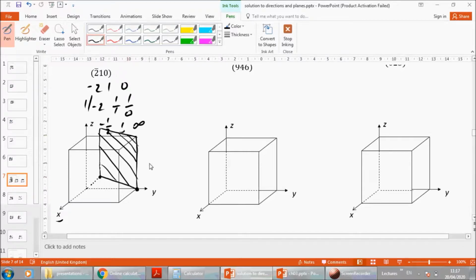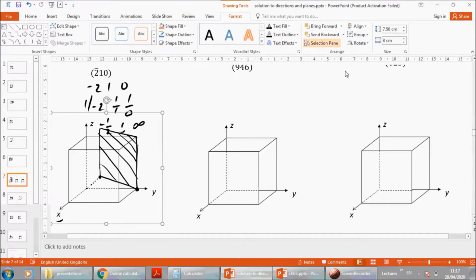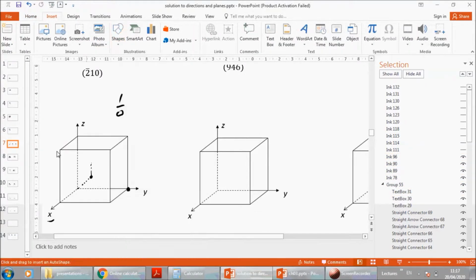That's it. If it is difficult for you to understand how this looks, let me erase the ink over here. Okay.